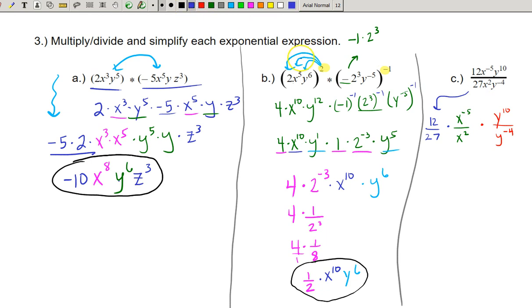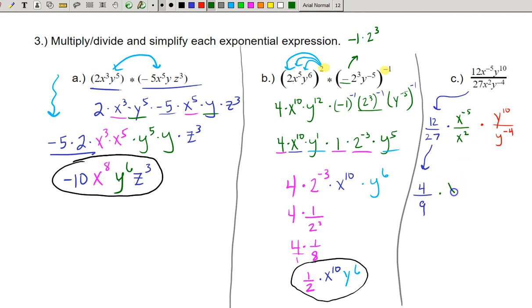So the first thing is we want to look at the numbers, and we can go ahead and reduce that fraction. So we can divide the top and the bottom by 3. So this will become a 4 over, and this will become a 9. So this will be 4/9. And then we would bring down the x's. So now I'm dividing. I have x to the -5th divided by x squared.